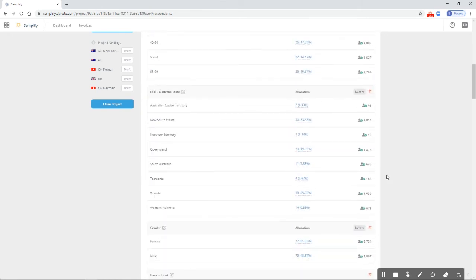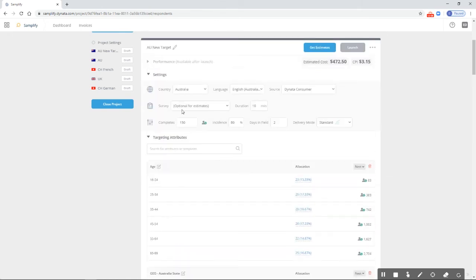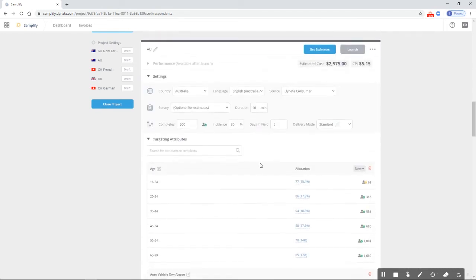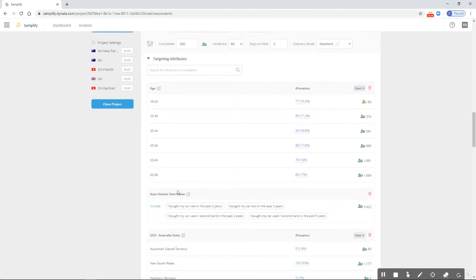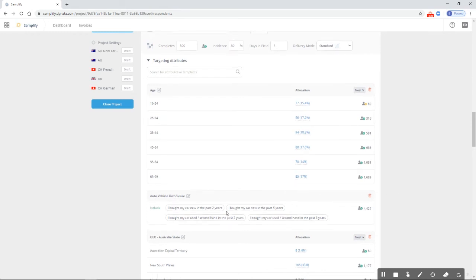So what I would do now is connect this to my survey and simply launch this one again, with the assumption that I potentially will not have my 80% incidence rate, which I had in my target group down here, because I will have some people who will screen out now because I don't have the auto vehicle own lease variable in it anymore, where I specifically just targeted people who own a car.